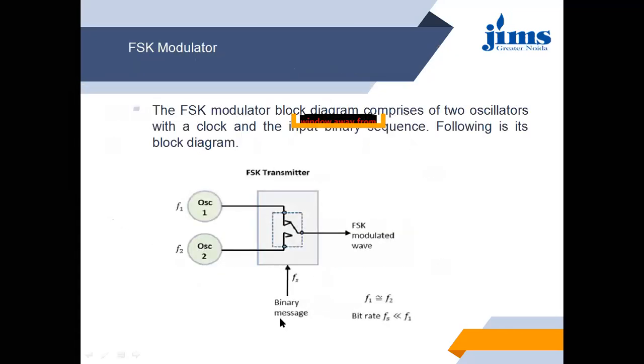Now, when the binary message signal is low, the switch is connected to the upper oscillator, which is F1. So the switch keeps on toggling, changing between F1 and F2 based on your input binary message, and hence the output is the FSK modulated wave.